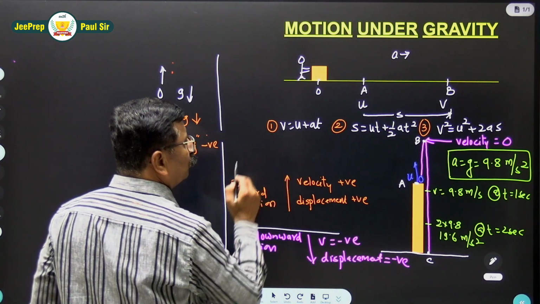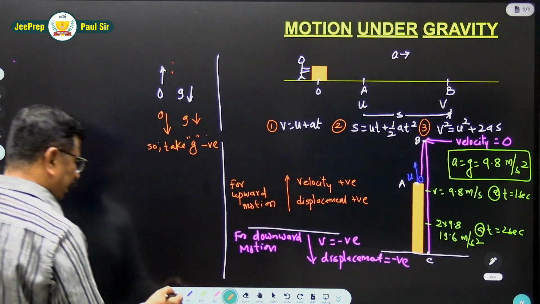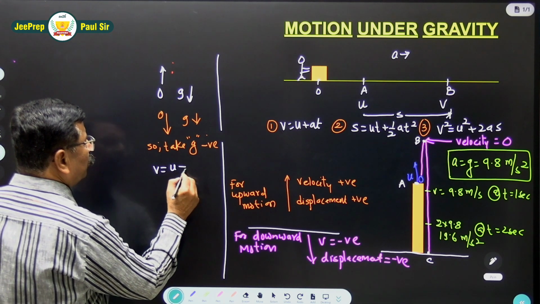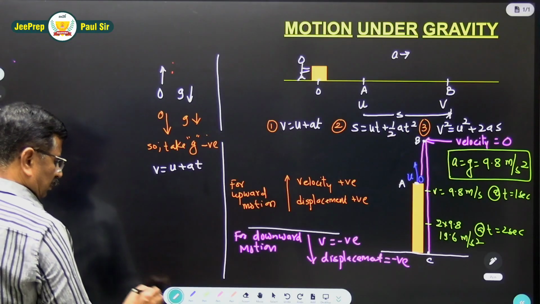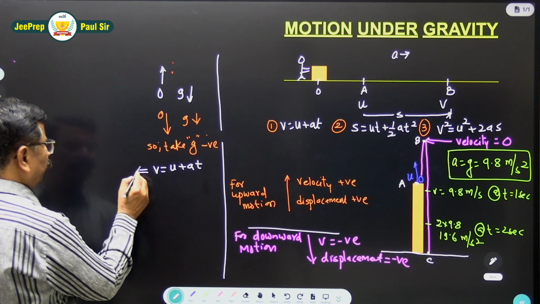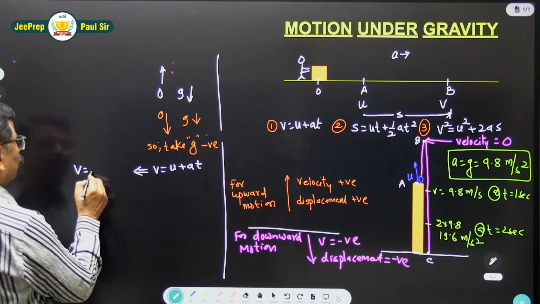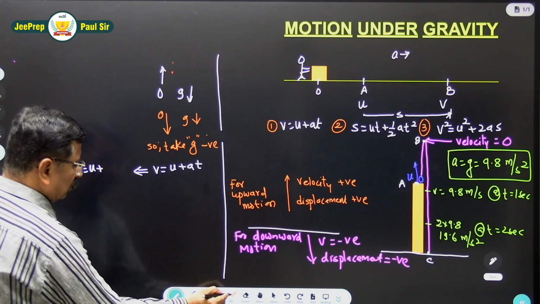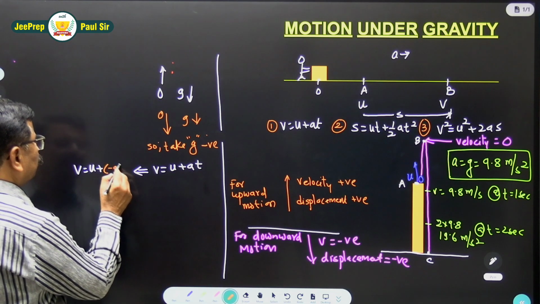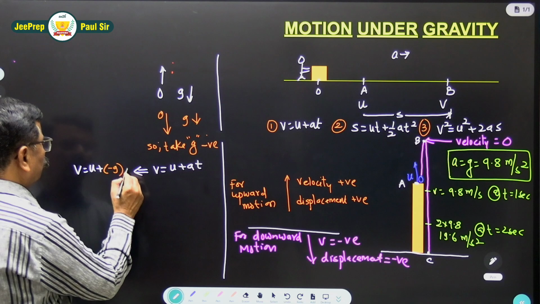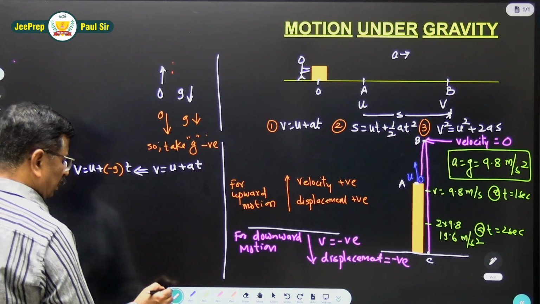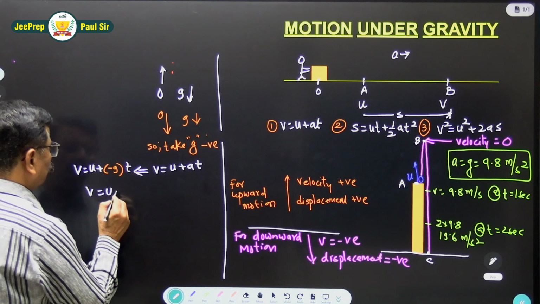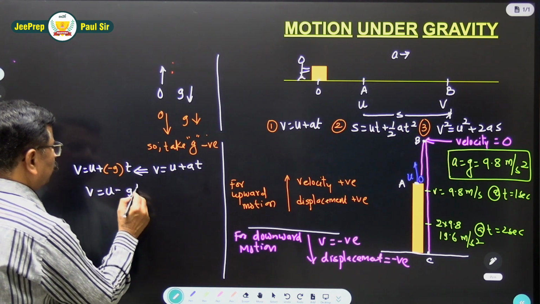Now what are the three kinematic equations? V is equal to U plus AT. So in place of A, write minus G. So this will be V is equal to U plus minus G into T. Therefore the formula becomes V is equal to U minus GT.